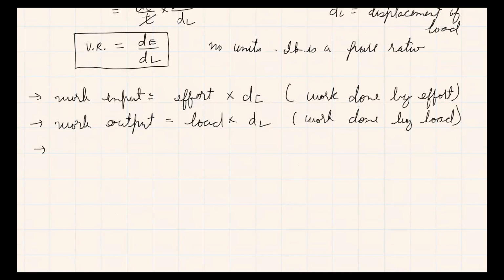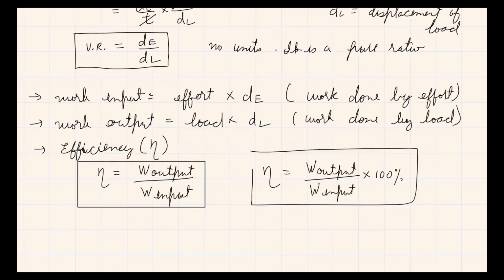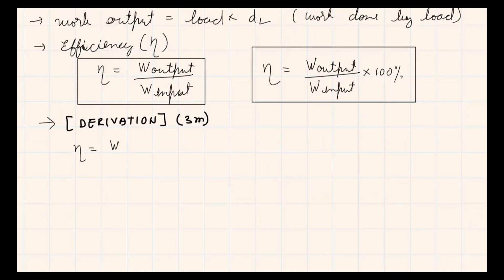One quantity which we have seen in various numericals before is efficiency. And efficiency is denoted by this Greek letter. Efficiency has a formula: work output upon work input into 100%. This is expressed in percentage also. So efficiency is work output upon work input.